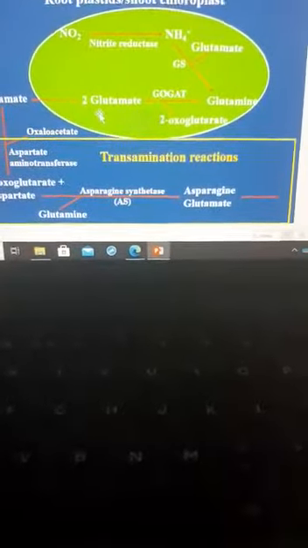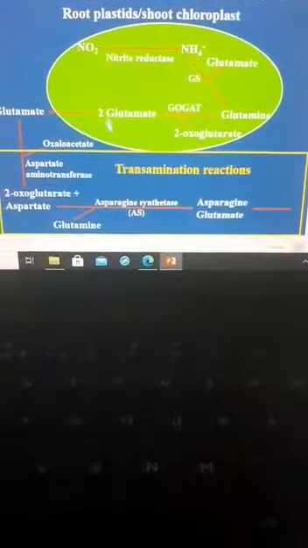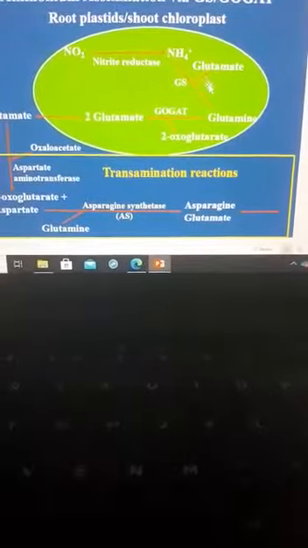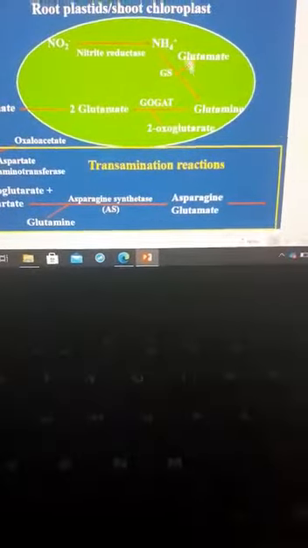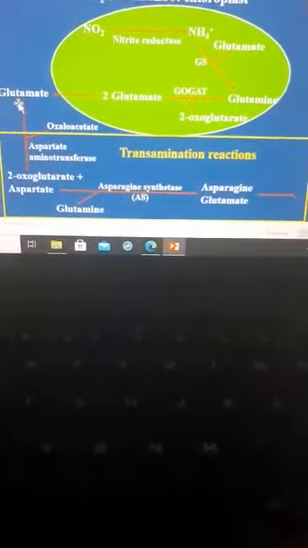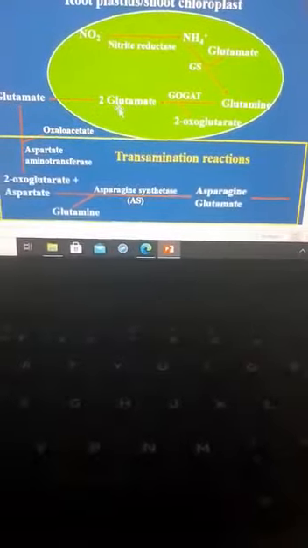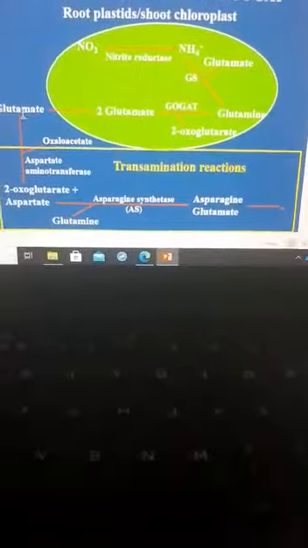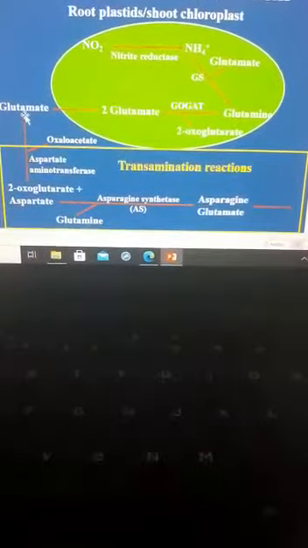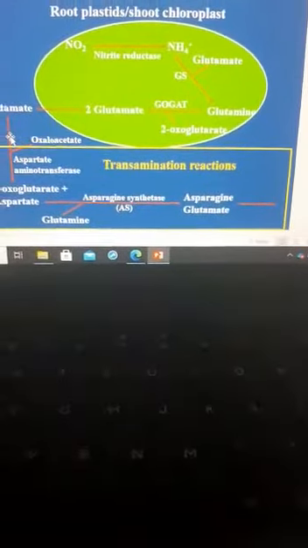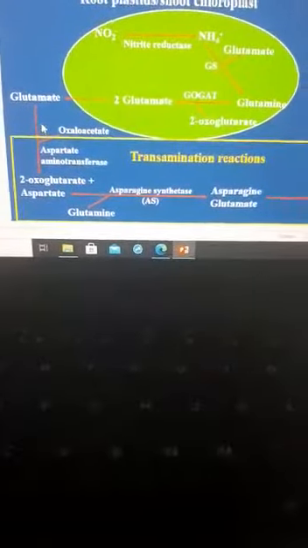What is the next step? One of these glutamic acids will go back and interact with another incoming ammonium, and that top cycle will repeat itself. What happens to the other glutamic acid of these two? This other glutamic acid is going to donate its amino group through a process called aminotransferase.